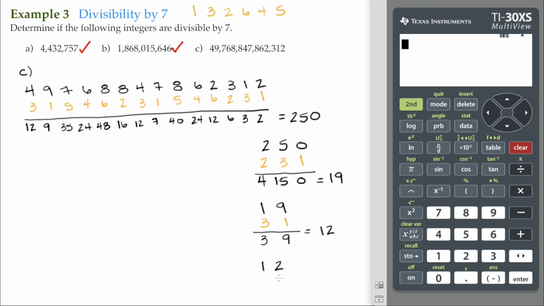Here's our 1s position. Here's our 10s position. This is 3. This is 2, and 3 and 2 is 5. So 7 does not divide into this large number here, but if we were to divide it into that large number, it would give us a remainder of 5. It will give us a remainder of 5. So this process is very convenient, and there you go.